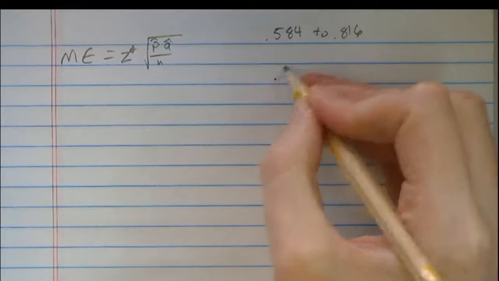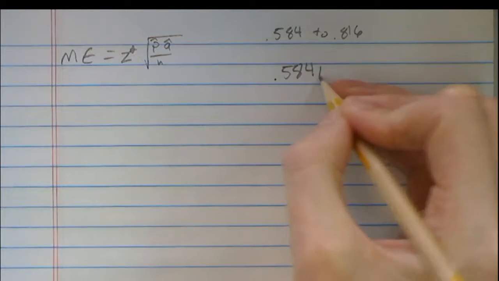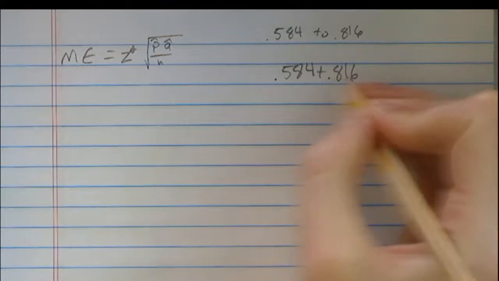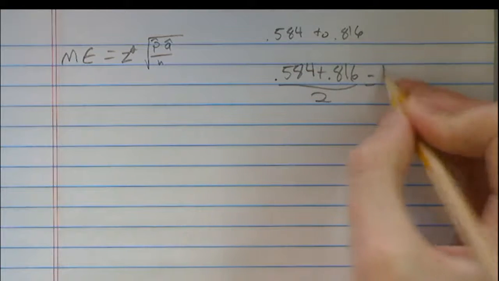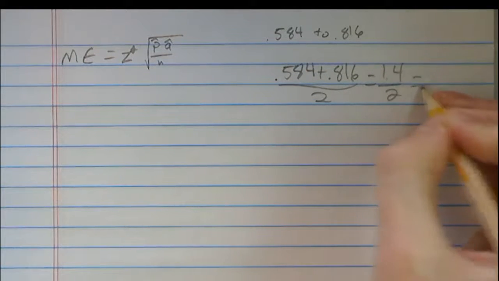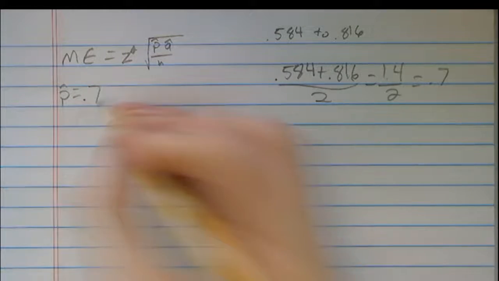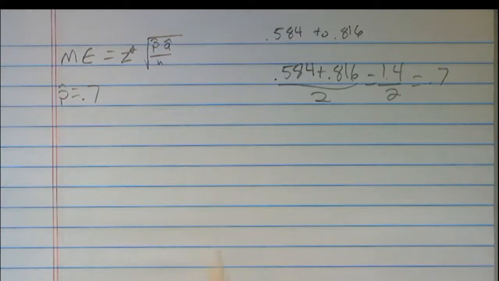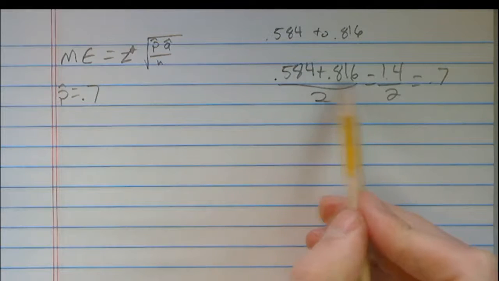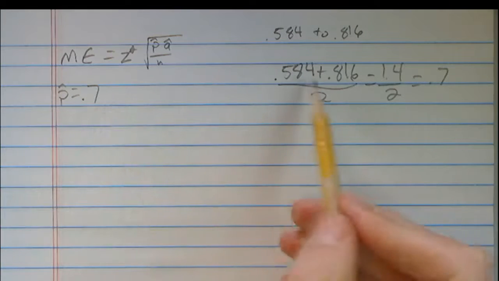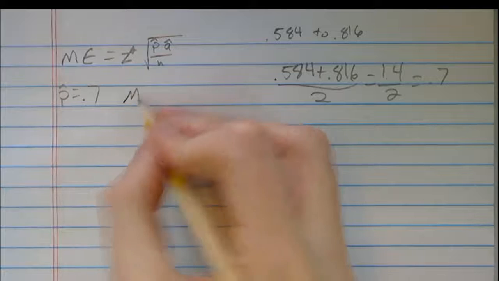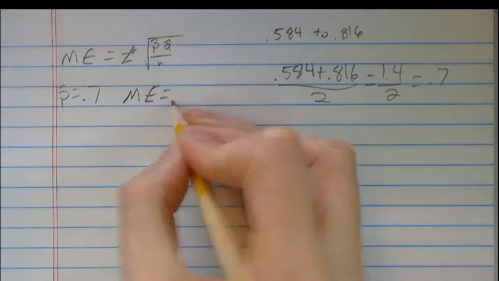If you go 0.584 plus 0.816 over 2, we get p hat equals 0.7. And then how far is it from 0.7 to 0.816 or 0.7 to 0.584? And that's 0.116.